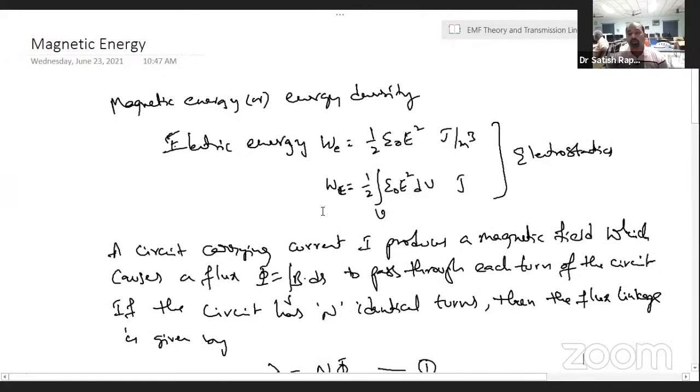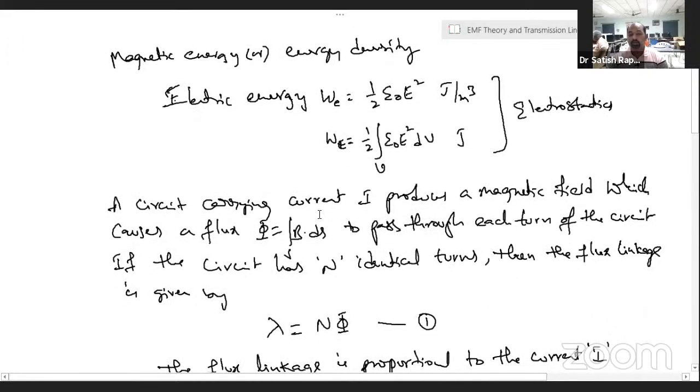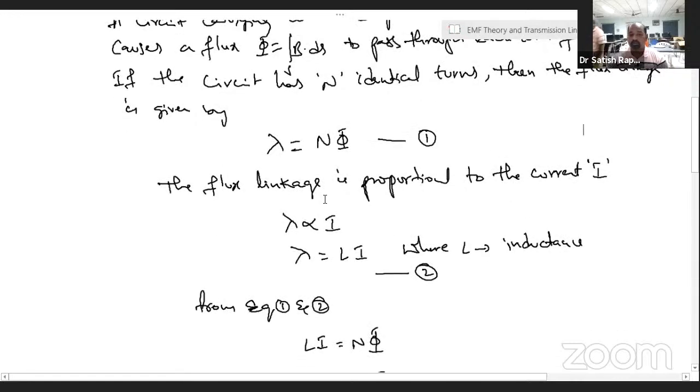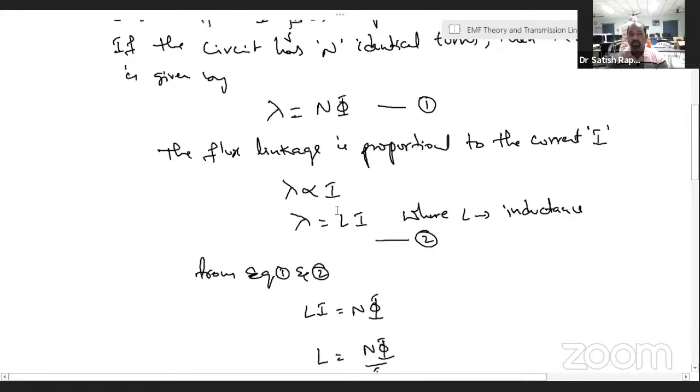In my last class, I discussed magnetic energy, or energy stored in a magnetic field. Flux linkage, or total flux passing through a circuit which contains n number of turns, is given by equation 1, and flux linkage is directly proportional to current.